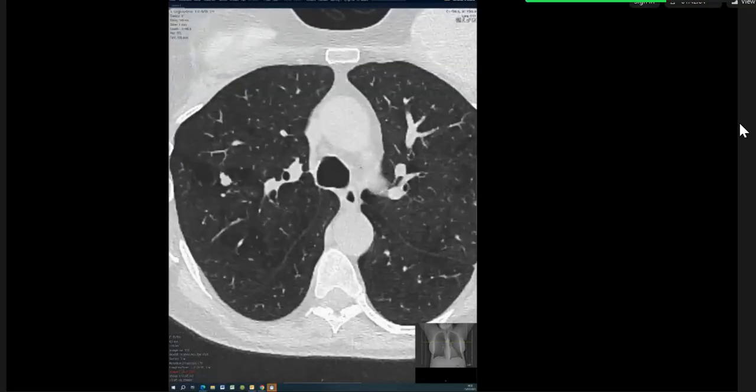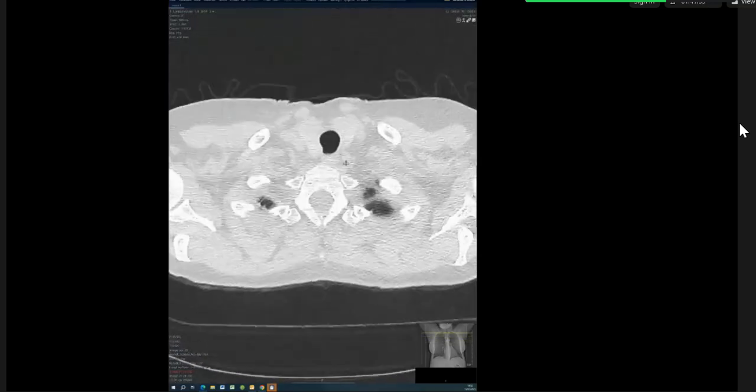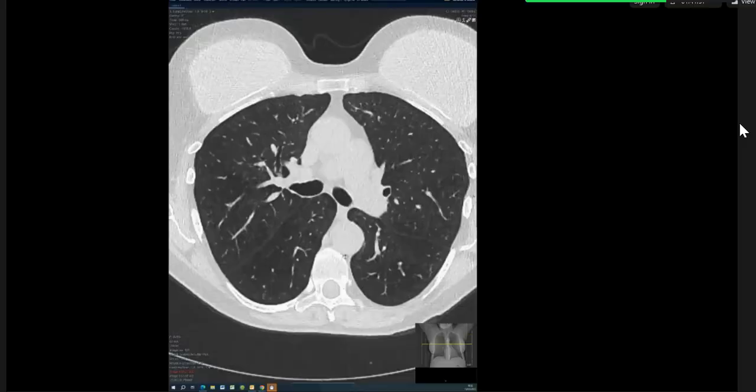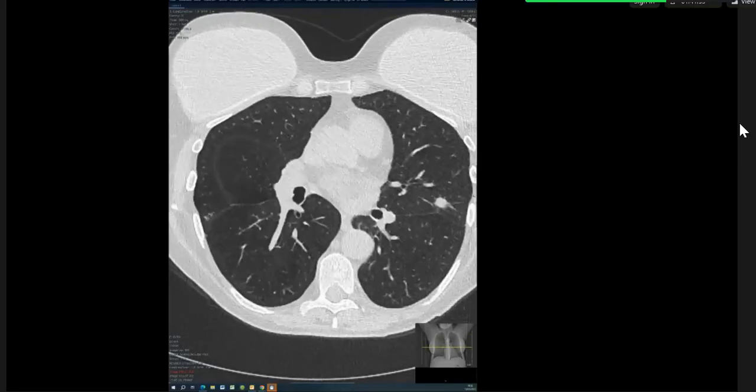Is there an abdomen pelvis? Is there a history of previous malignancy? No, there isn't. So how do you want to approach these nodules? Is there an abdomen pelvis that I can look at to see if there's another primary elsewhere? Okay, so you want to exclude a hidden primary somewhere?